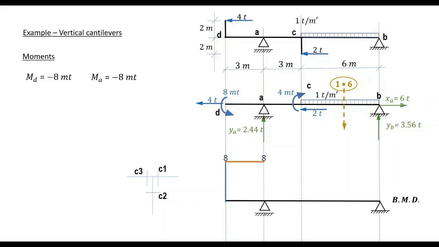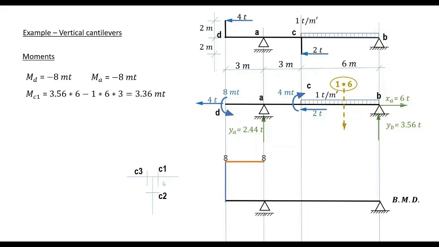Let us consider the original problem to compute moments at C. So we can observe that 3 members are connected at C here. One at the left, the other at the right, and we have the vertical cantilever. Take the different sections here to be C1, C2 for the cantilever, and C3 for the left member.